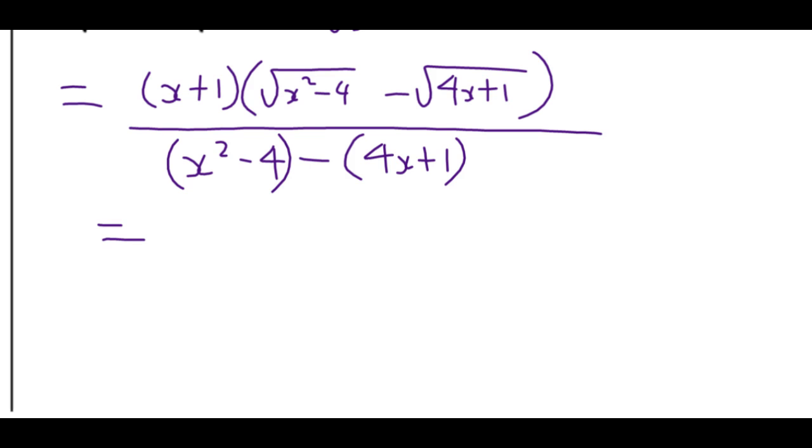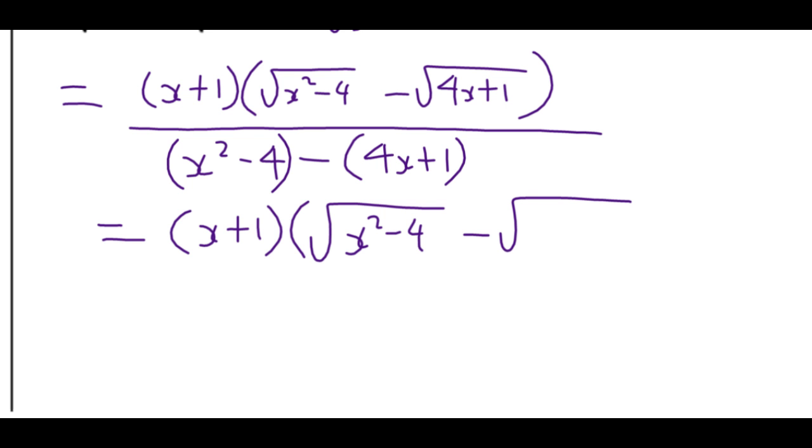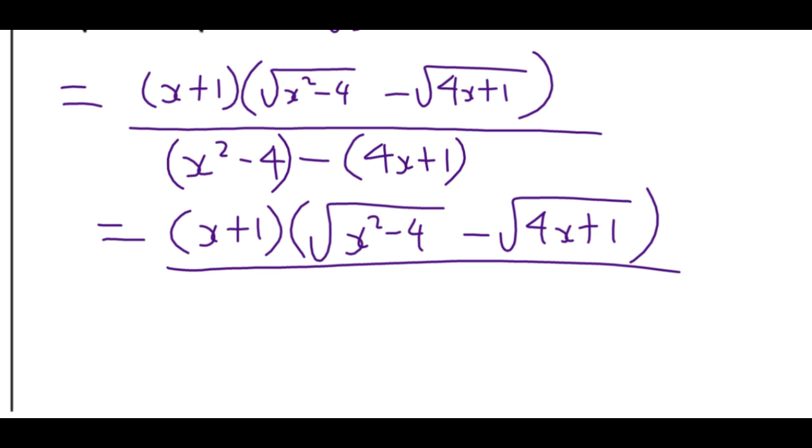So equals x plus 1 root x squared minus 4 minus root 4x plus 1 over x squared, and I'm going to do this in one step. It's going to be minus 4x, and it's going to be minus 4 minus 1, so that'll be minus 5. I've kind of done two things at once. I didn't remove the brackets and then collect, I did them both together.